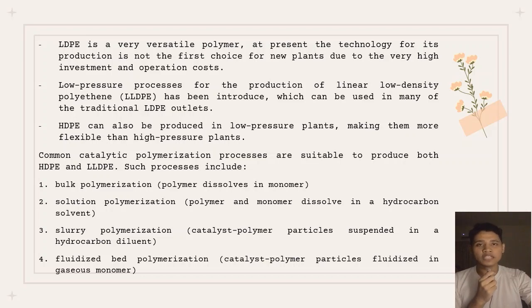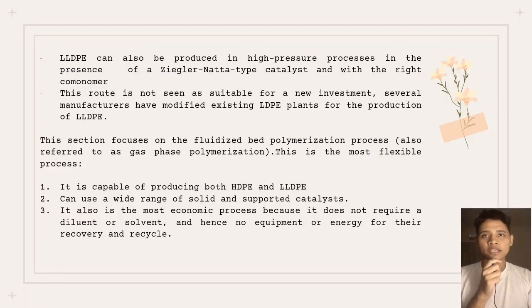The last one is fluidized bed polymerization, in which catalyst polymer particles are fluidized in gaseous monomer. LLDPE can also be produced in high pressure processes in the presence of Ziegler-Natta type catalyst and with the right comonomer. Although this route is not seen as suitable for a new investment, several manufacturers have modified existing LDPE plants for the production of LLDPE.